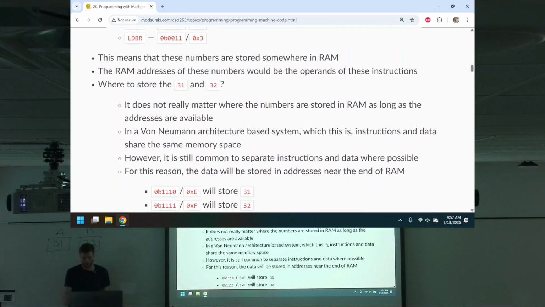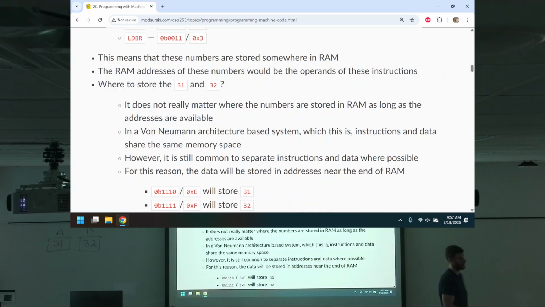So where to store 31 and 32? Realistically, it does not matter where the numbers are stored in RAM, as long as the addresses are available. There are some interesting designs out there. Well, I'll finish this point and then I'll come back to it.